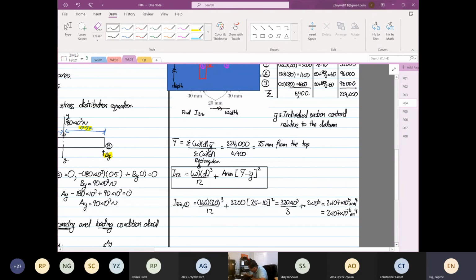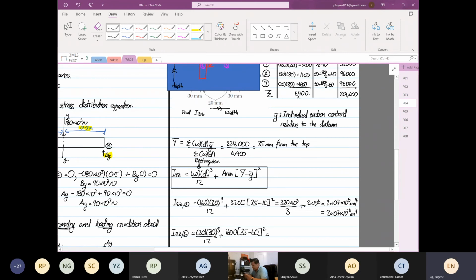Then I go into IZZ2. This will be equal to 20 times 80 cubed over 12 plus the cross-sectional area, which is 1600, times the Y bar, 35 minus 60, squared.